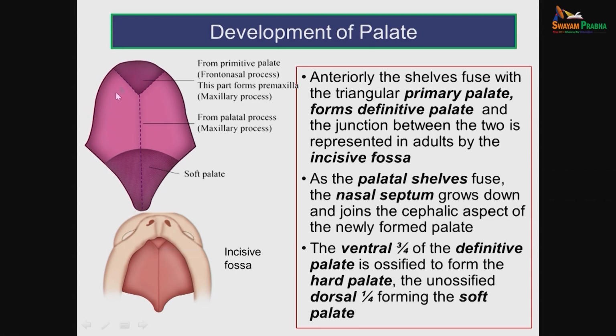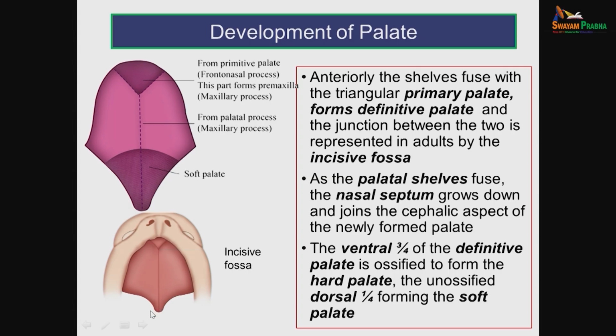So, this is the definitive palate which is formed. Please note that the ventral 3/4 of this definitive palate is ossified, and that is your hard palate. What you are seeing in an osteology bone is the hard palate. That is, the ventral 3/4 of the definitive palate becomes ossified and forms the hard palate.